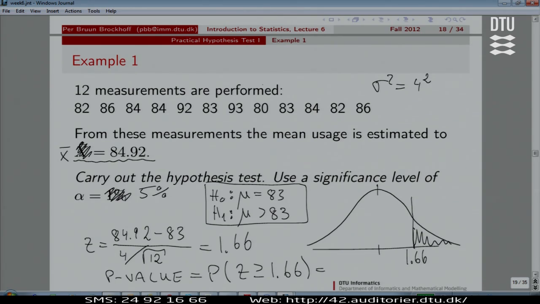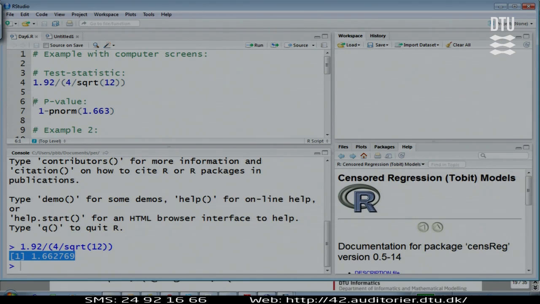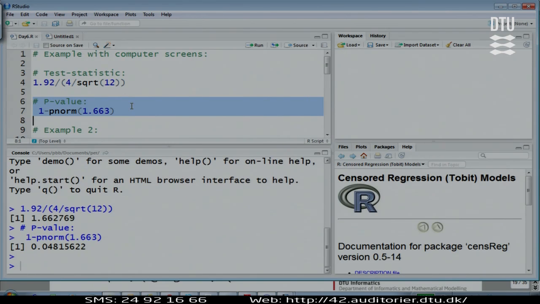What is the probability of getting this? I can find it either in table 3, the standard normal in this case, or I can go into R and find it there. What is the probability of going beyond 1.66? This probability is 4.8%, 0.048.